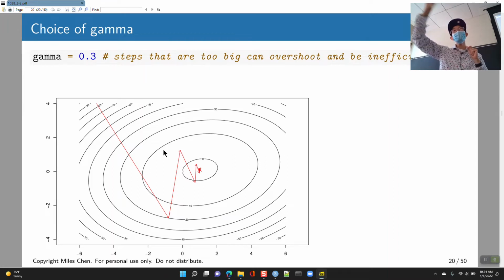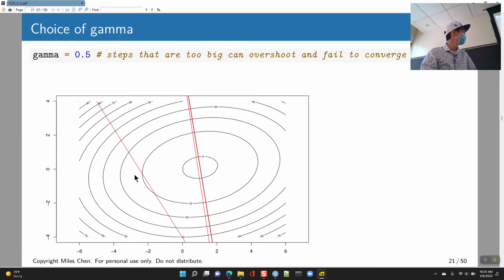But if you take too big of a step, you end up on the other side of the valley, where now the downhill direction is the opposite. It goes south. Okay, and so we end up going back and forth, and this actually ends up being inefficient. Sometimes you can even overshoot so much that it points in the opposite direction, and it just doesn't converge at all.